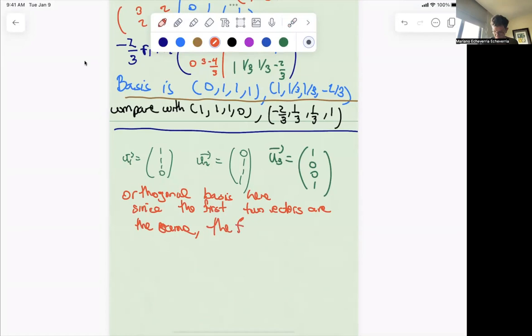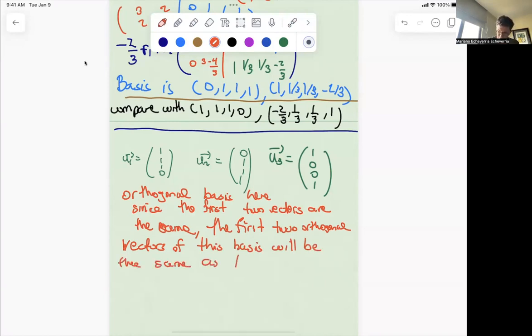The first two are the same as the ones we found before.